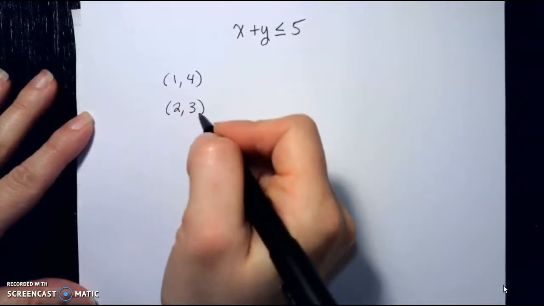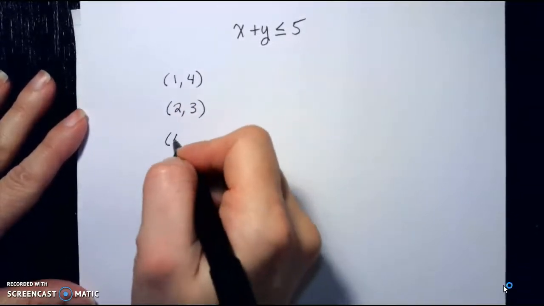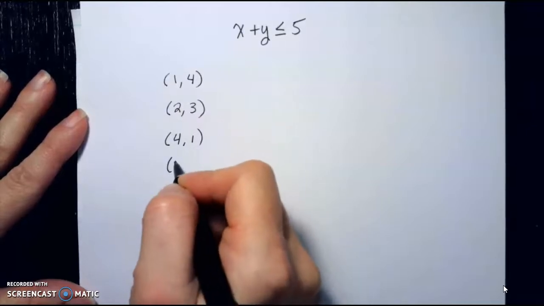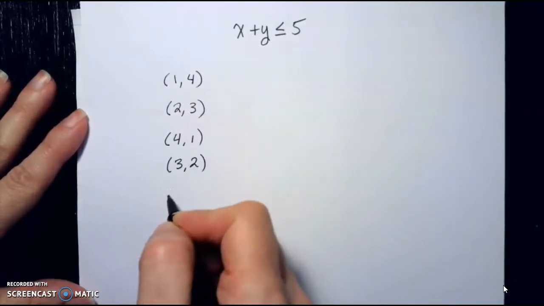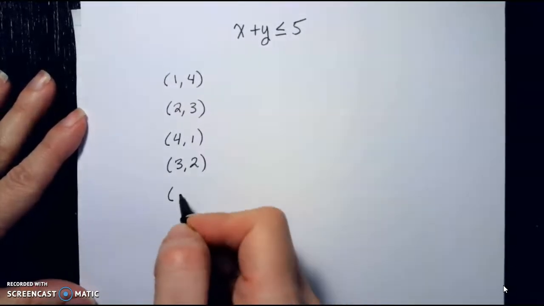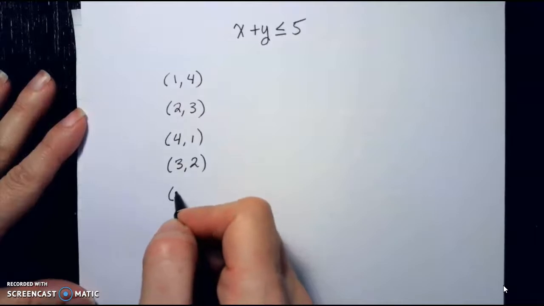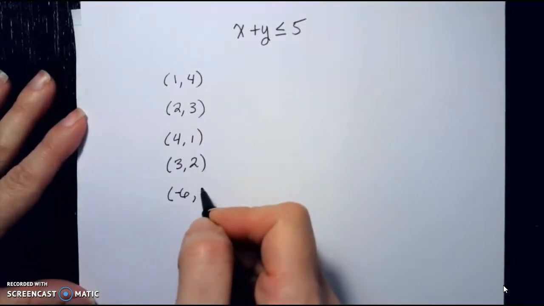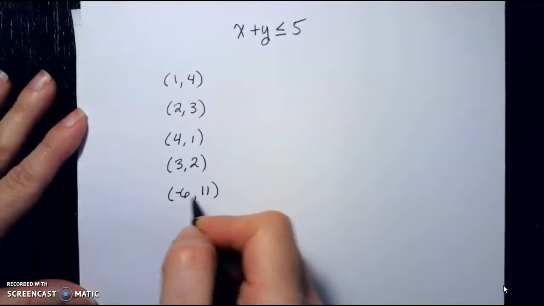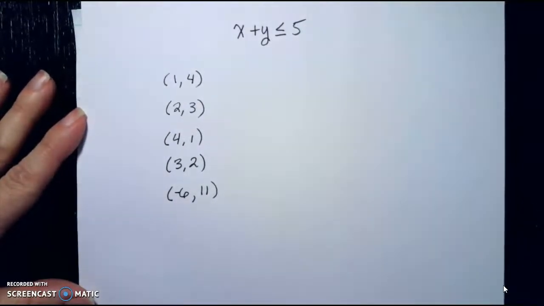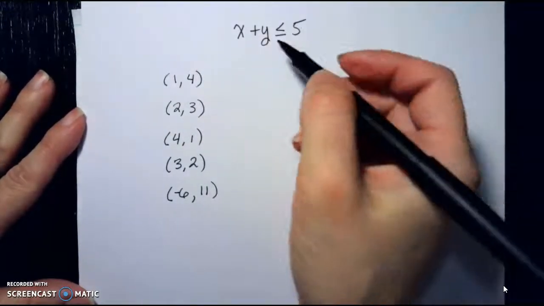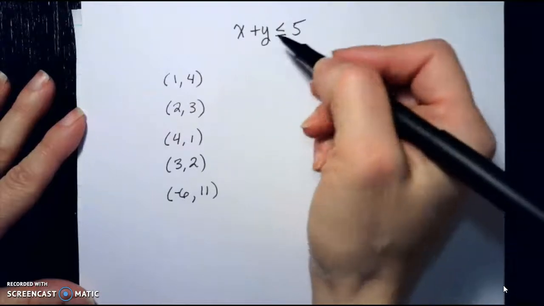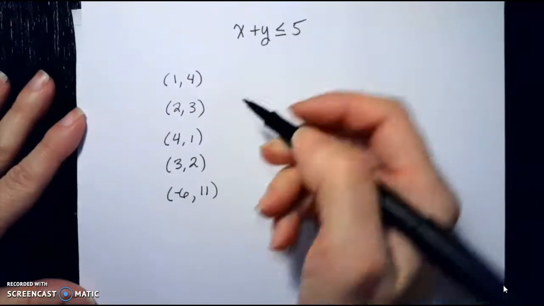I could change the order and put (4, 1) and (3, 2). I could have some negative x values. Let's say x is negative 6. Then the y value would have to be positive 11, so that when I add these together, it would equal 5. But this only looks at the values where the sum is equal to 5, and there are more of these, right?